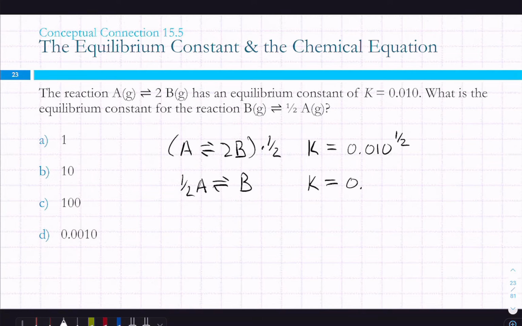Okay, so now this is 0.1. Since we reversed the reaction, what do we do to K? You raise it to the -1, or you invert it. So K for the reverse reaction would be 1 over that number. And that would give us B reacting to form 1/2 A. So now K for this reaction is going to be 10.